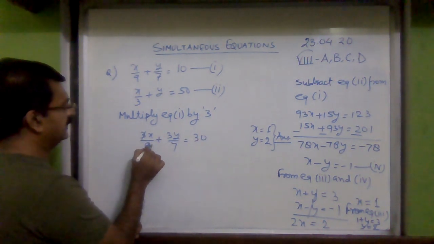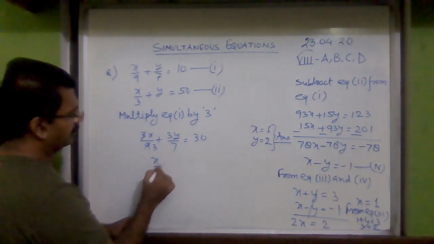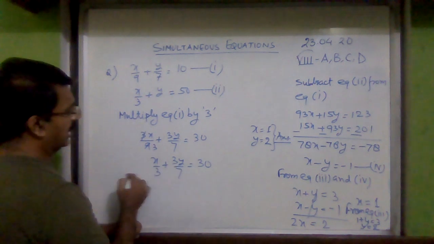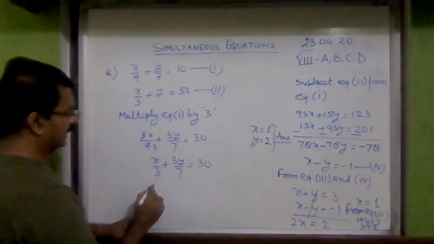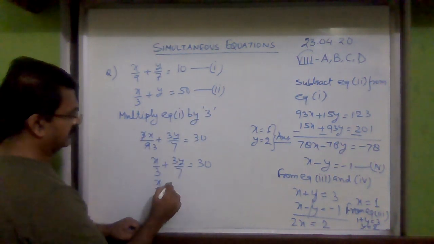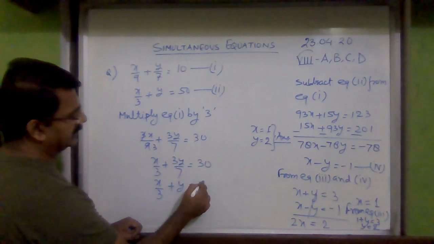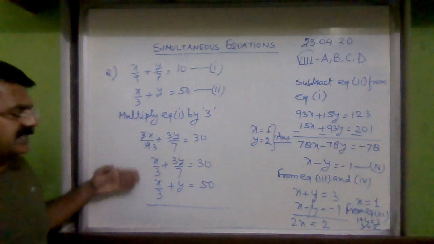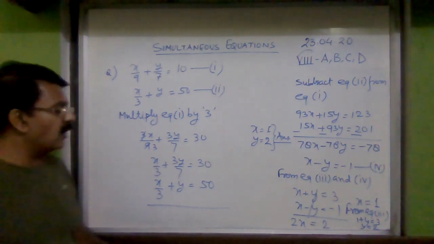Or if you cancel it, then it will be x by 3 plus 3y by 7 is equal to 30. And below it, you write down the second equation, that is x by 3 plus y is equal to 50. And now you can see the coefficient of x is same in both the equations. So now we'll subtract.